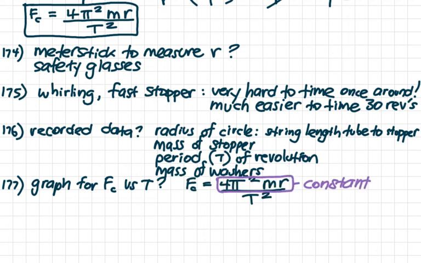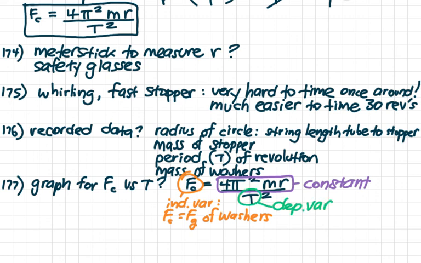So m and r are constant, as of course is 4 pi squared. Our independent variable is actually the centripetal force, because that's going to equal the weight of the washers, and what we're adjusting is the number of washers. So that's the thing that we're changing, the independent variable, and what we're measuring, the period, is the dependent variable.